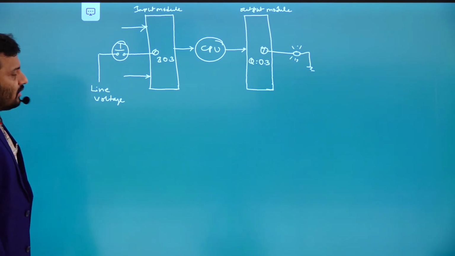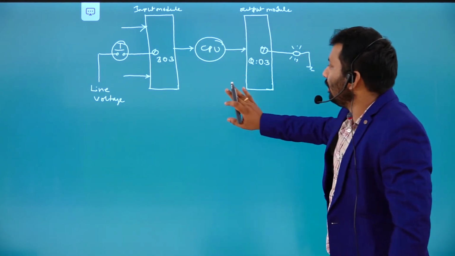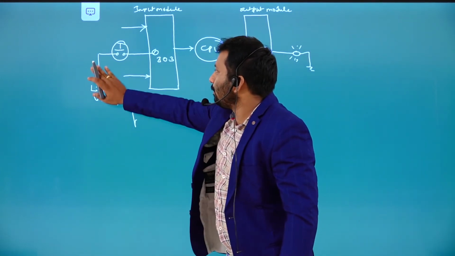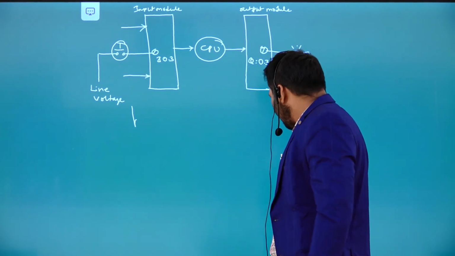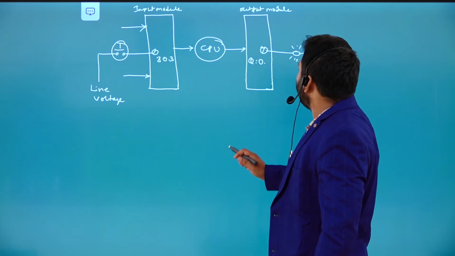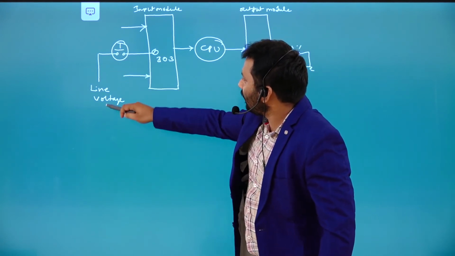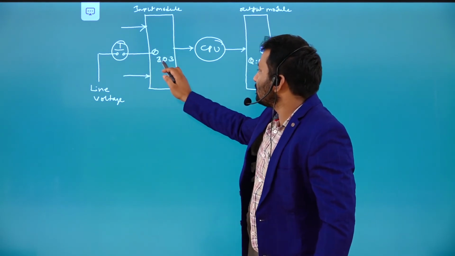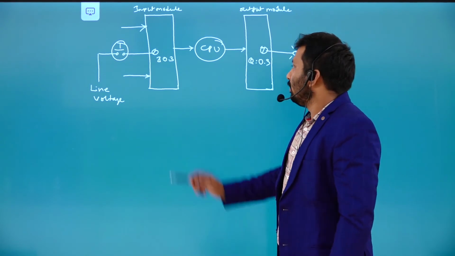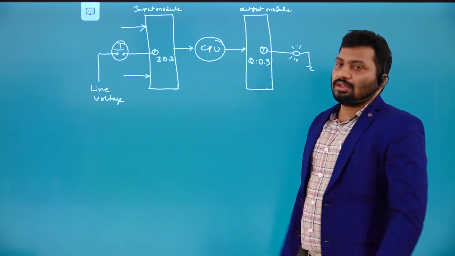We can see everything here is hardware only. The supply you are giving is going to be taken from the input module power supply. So one push button is connected to the fourth terminal of the input module, and this output of the input module is going to be connected to the CPU.